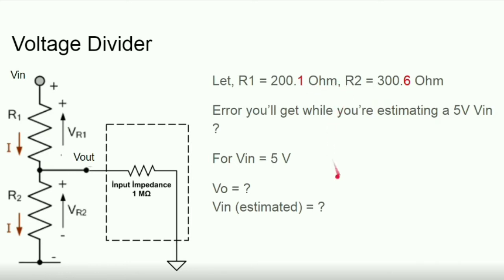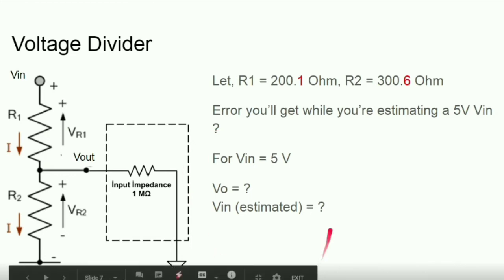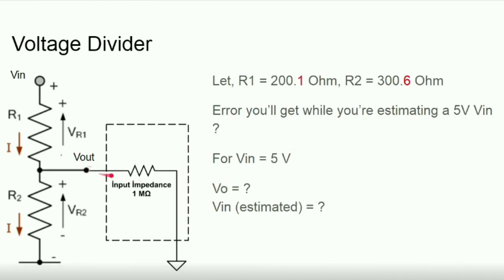So what will be your total error in your estimation? Assuming that your V in was 5 volt and you got some reading over there, because of this mismatch of your resistance, there will be some error in your estimation. That we calculated through our calculators.